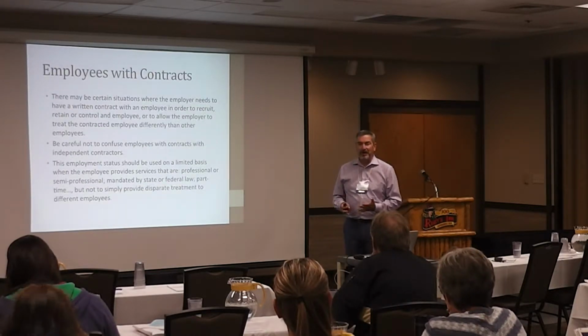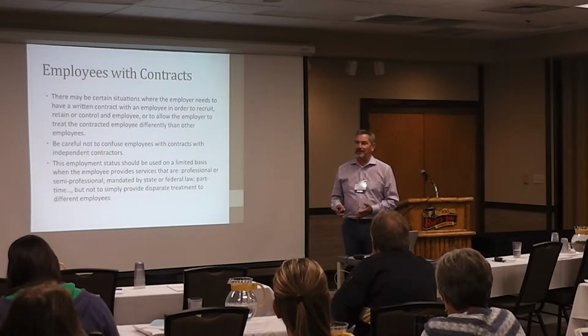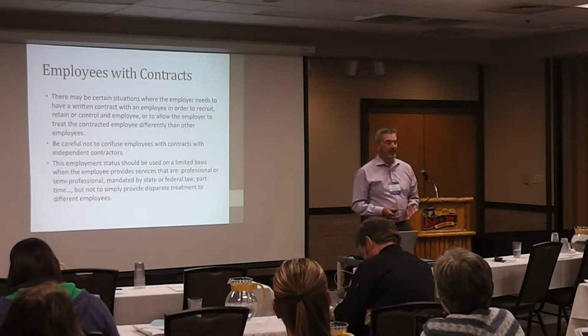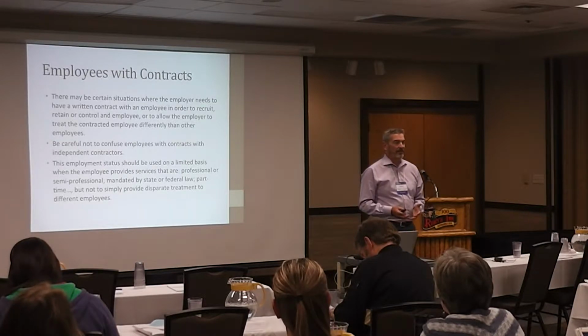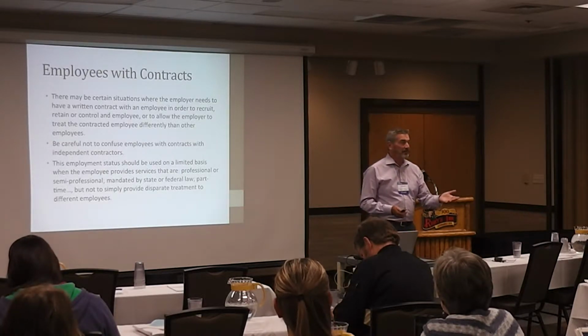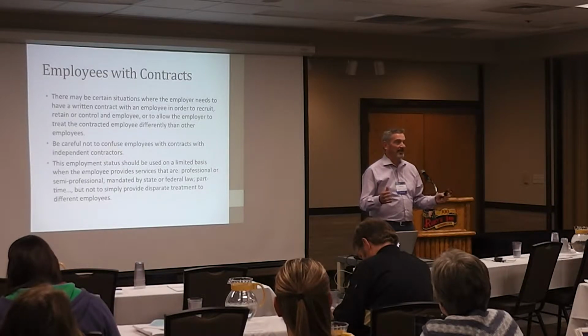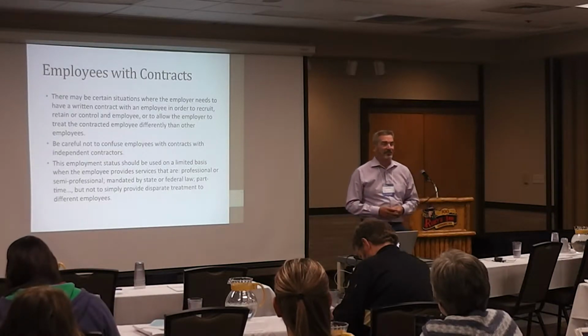The next type are your employees, but for some reason you have a contract with them. I see this happen very often when you've got an option for people to retire early, or a URS type opening where, okay, I'm retiring because URS has an opening for me where I can buy my final year cheap or something like that.